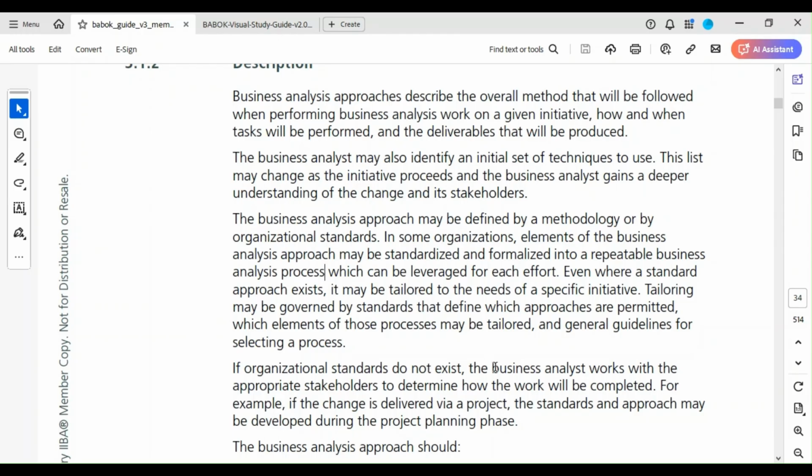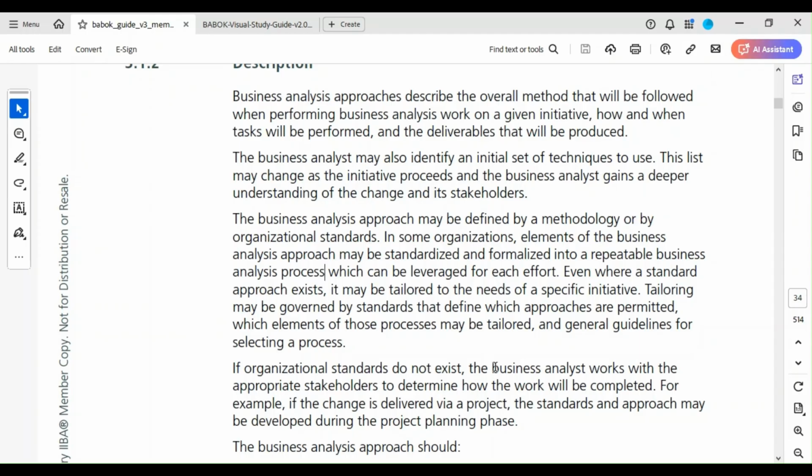Tailoring may be governed by standards that define which approaches are permitted, which elements of those processes may be tailored, and general guidelines for selecting a process. So even when you are tailoring, you are still governed by their standards. You are controlled by their governance, and whatever decision you make is controlled by a guideline.